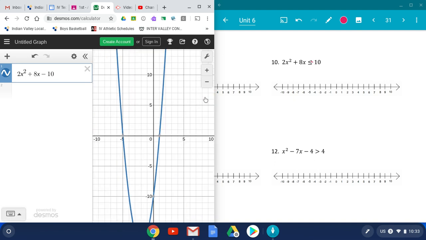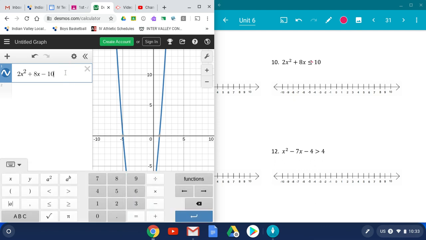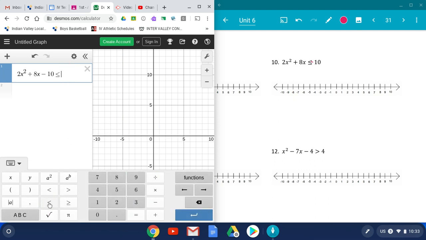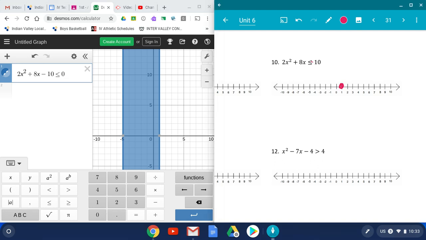See, I can see that bad boy right now. It's going to be at 1 and negative 5, but let me keep going because it's less than or equal to 0. And now I can see it. So at 1, closed circle, and at negative 5, I have a closed circle, and those are shaded between.